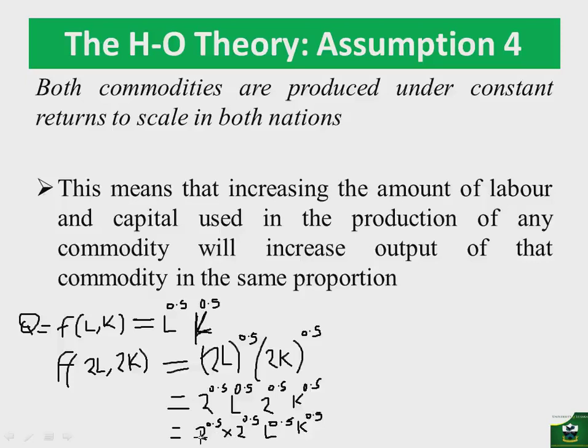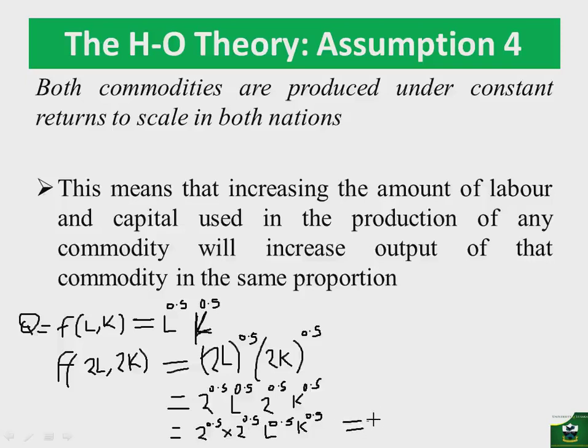From there, we see that if I am multiplying two indices which have the same bases, then we add the powers. So 2 to the power 0.5 times 2 to the power 0.5 is the same as 2 to the power 0.5 plus 0.5, which is 2 to the power 1, which is just 2.